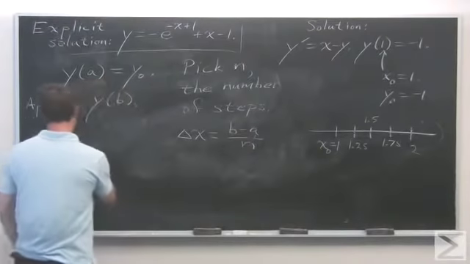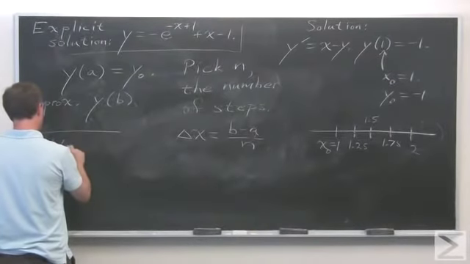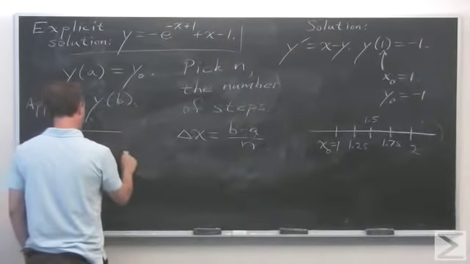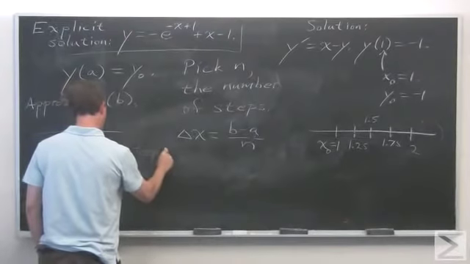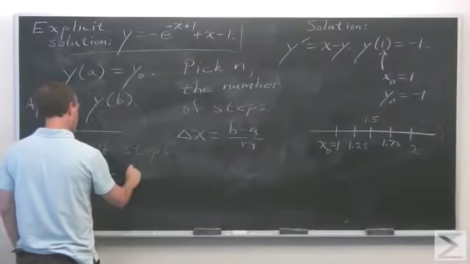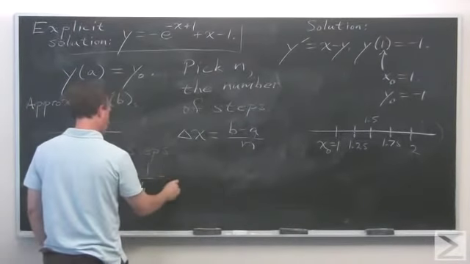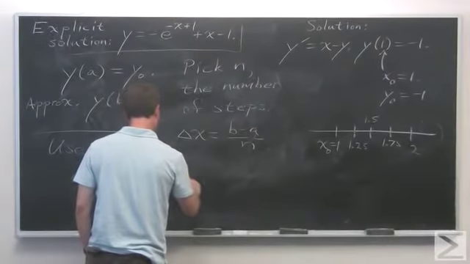So we're going to use 4 steps in our example. So delta x for us in our example again is 2 minus 1 over 4. So that's 1/4 or 0.25.